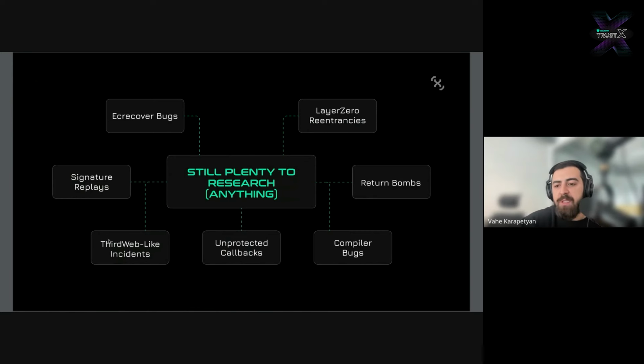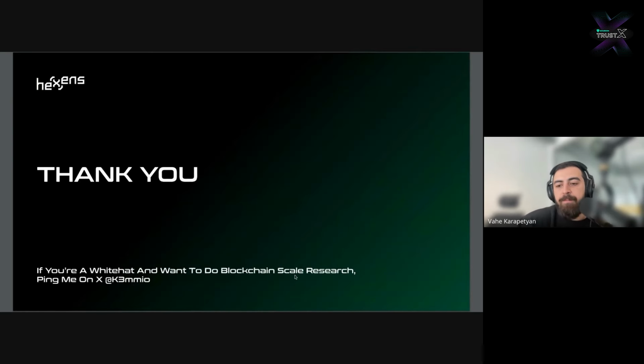Of course, this is super useful for Thirdweb-like incidents, where there's a bug out there and you need to find all the vulnerable contracts really fast. So that's an ideal tool for this kind of situation.